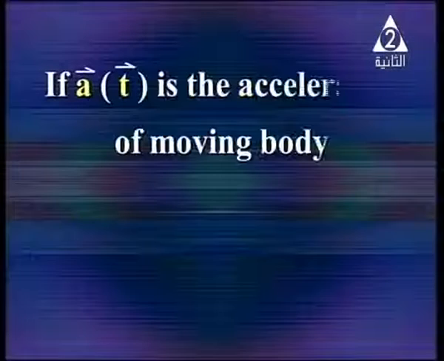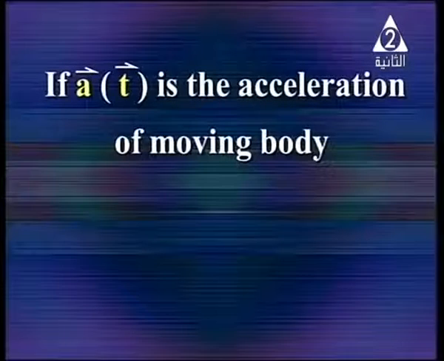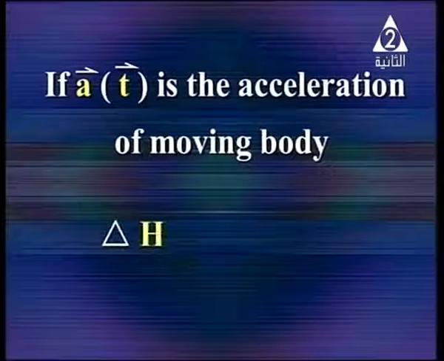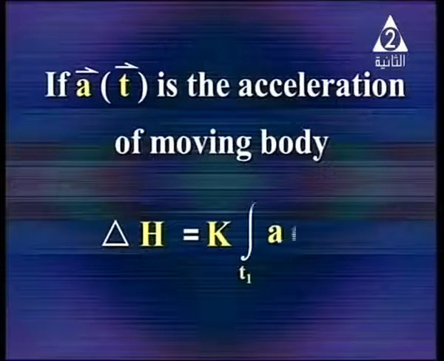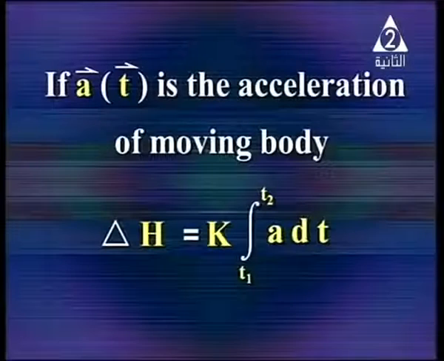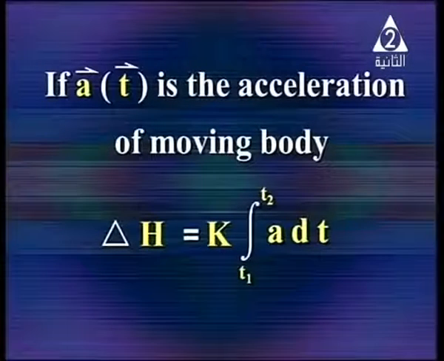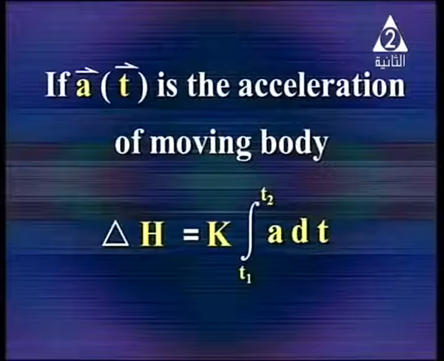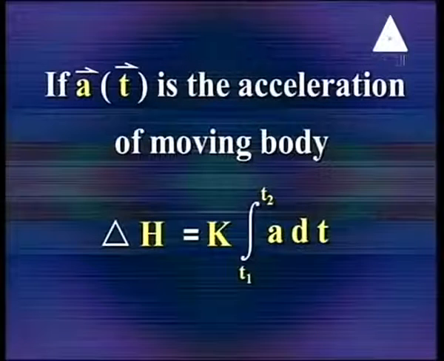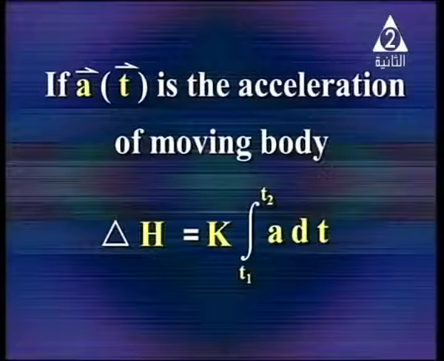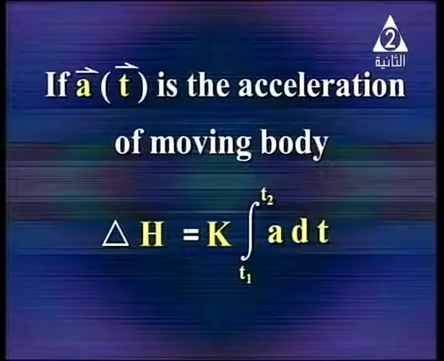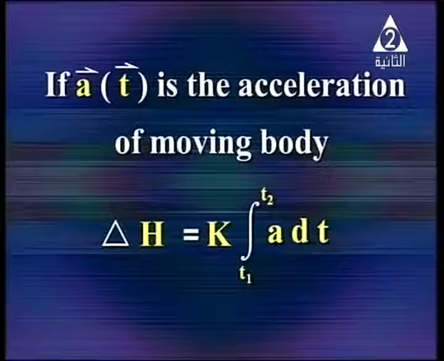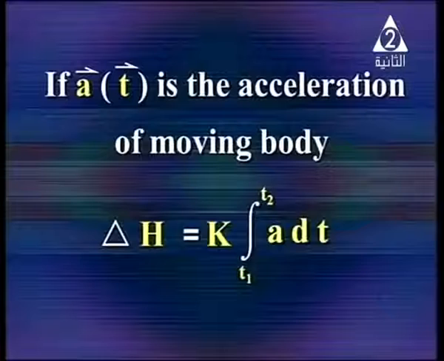If a(t) is the acceleration of the body, we know that delta h equals the constant m multiplied by the definite integration from t1 to t2 of a(t) dt.